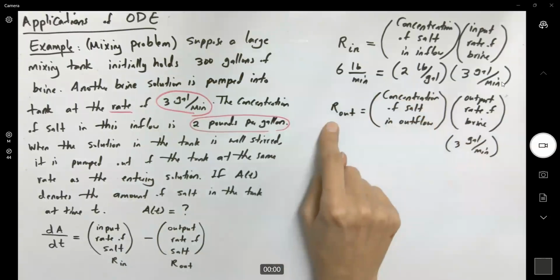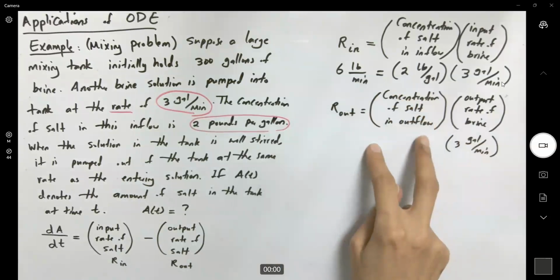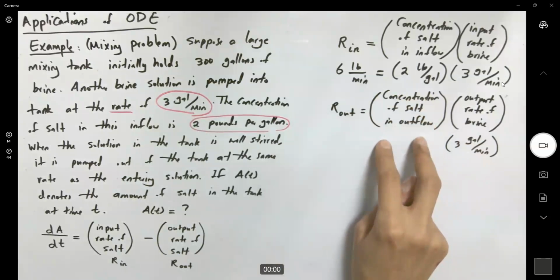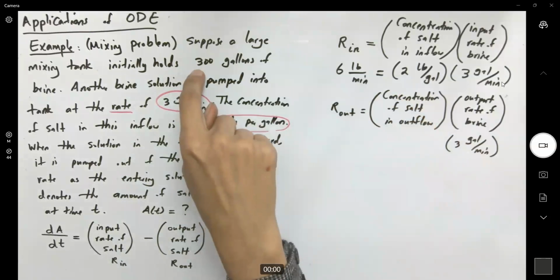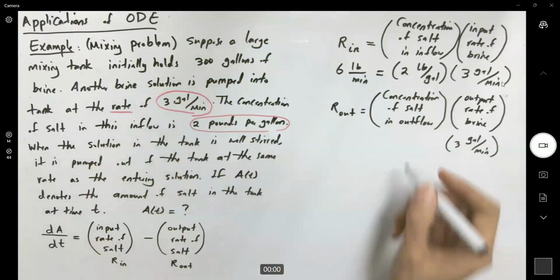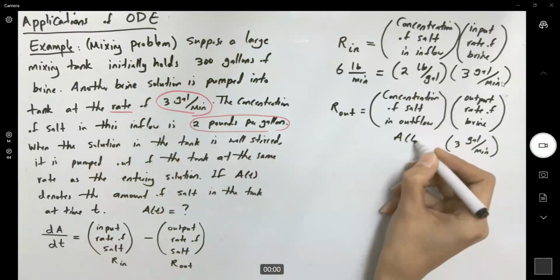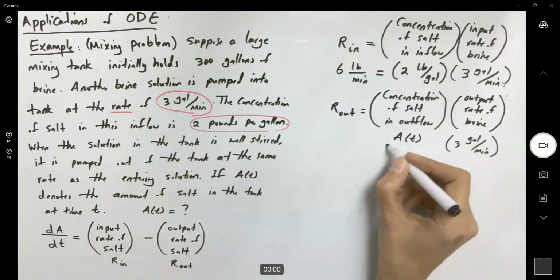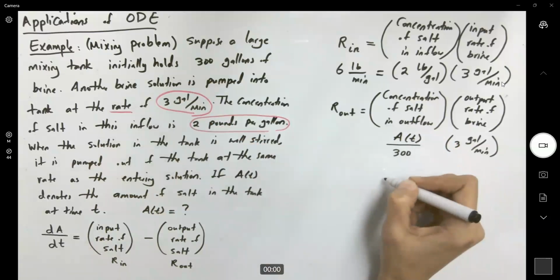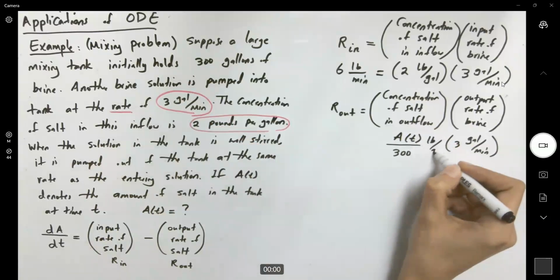What about the output rate of salt? The concentration of salt in the outflow. Well, what information do we have? We know that initially the tank holds 300 gallons of brine. So the concentration of salt in the outflow is A divided by 300 pounds per gallon.